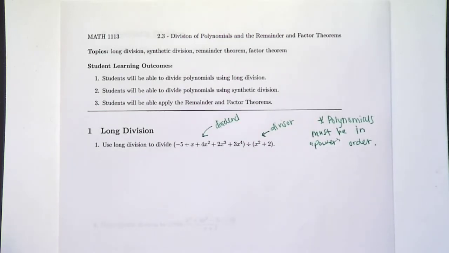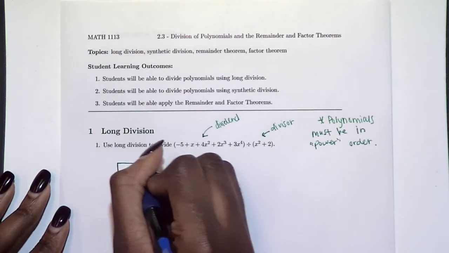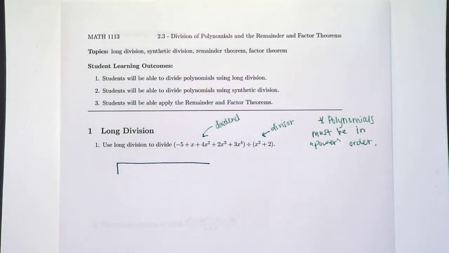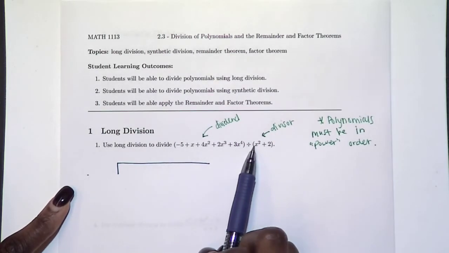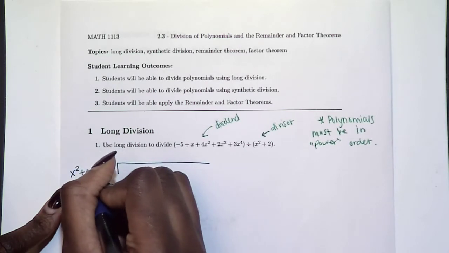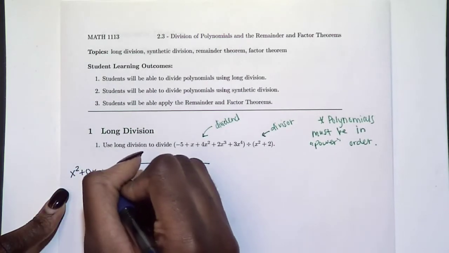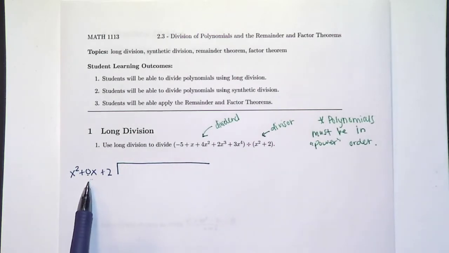So let's talk about how we're going to write this. So as you know, with long division, we do the little house notation where the thing we're dividing by goes on the outside. So I'm not going to put x squared plus 2. I'm going to put x squared plus 0x plus 2 because we have to have this placeholder for the x term.